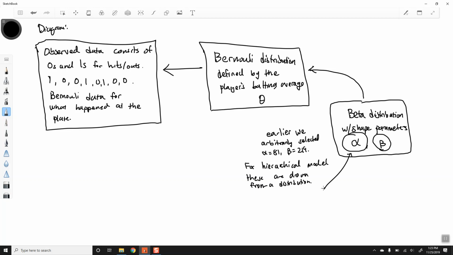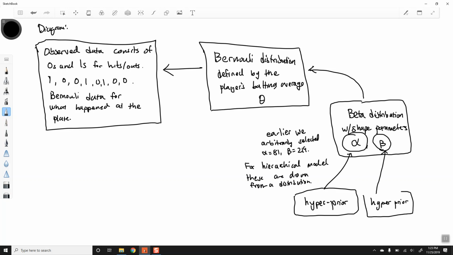Okay, so alpha is going to come from what is known as the hyper prior. And beta also comes from either the same or a different hyper prior. All right, and then the hyper priors themselves can have parameters, which would be like hyper hyper priors if you wanted.